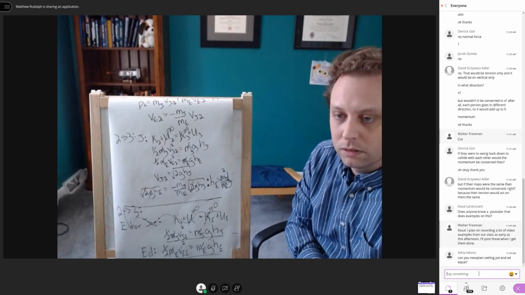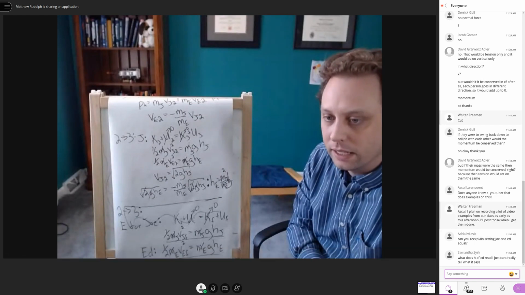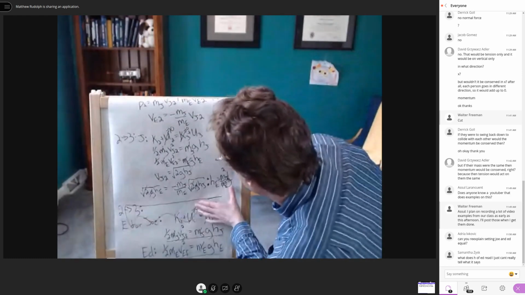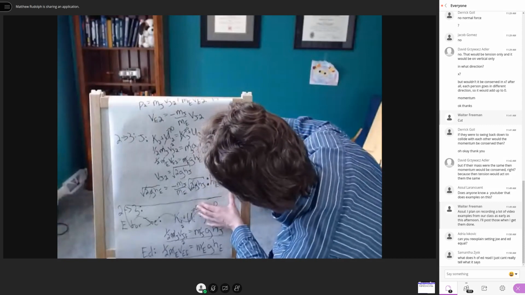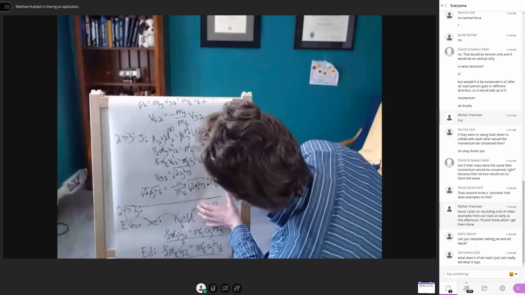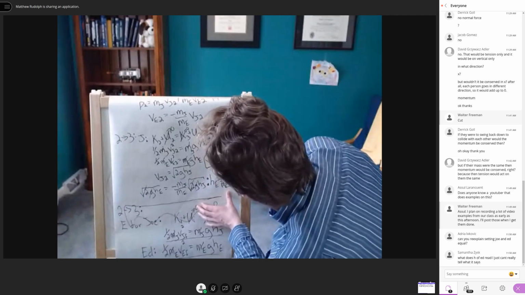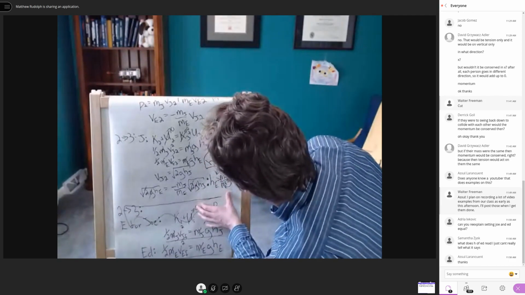Okay. Yeah, can I explain again setting Joe and Ed equal? I just kind of ran out of space here. This says that Ed's height is Joe's mass squared divided by Ed's mass squared times Joe's height.